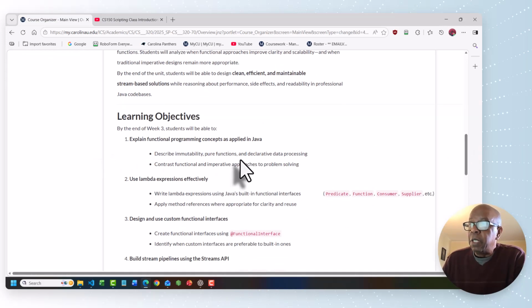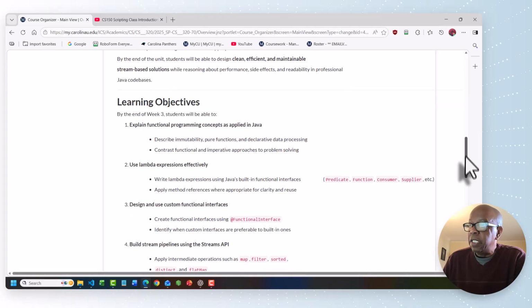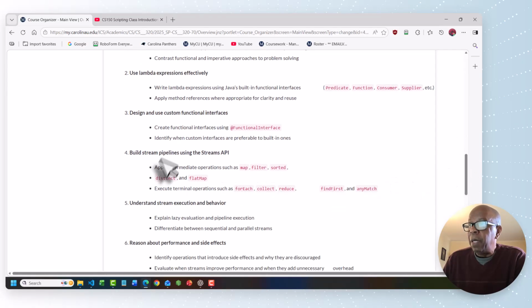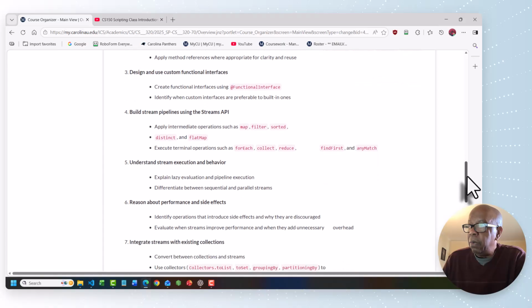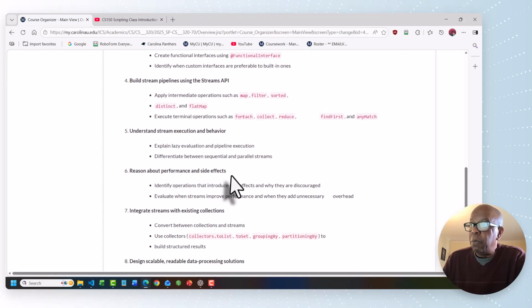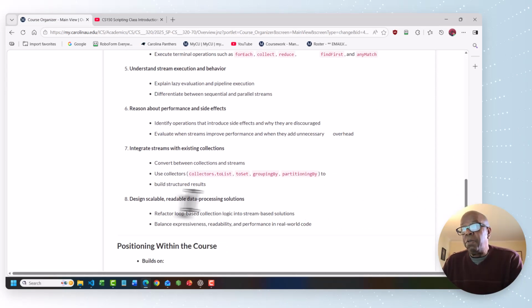So our learning objectives coming out of week 3: examine functional programming concepts applied in Java, use lambda expressions effectively, design use of custom functional interfaces, build stream pipelines with the Stream API, understand stream execution and behavior, reason about performance and side effects, integrate data streams with existing collections, and design scalable, readable data processing solutions.